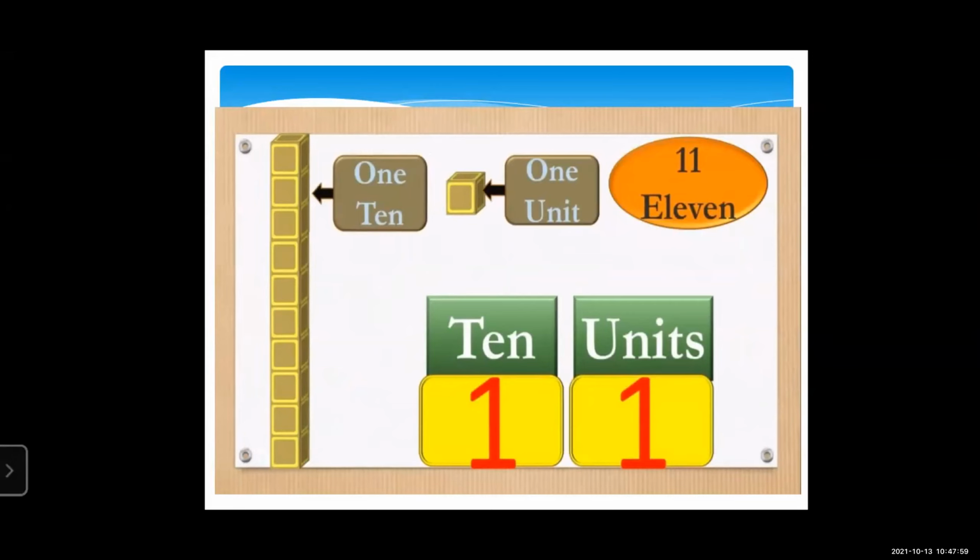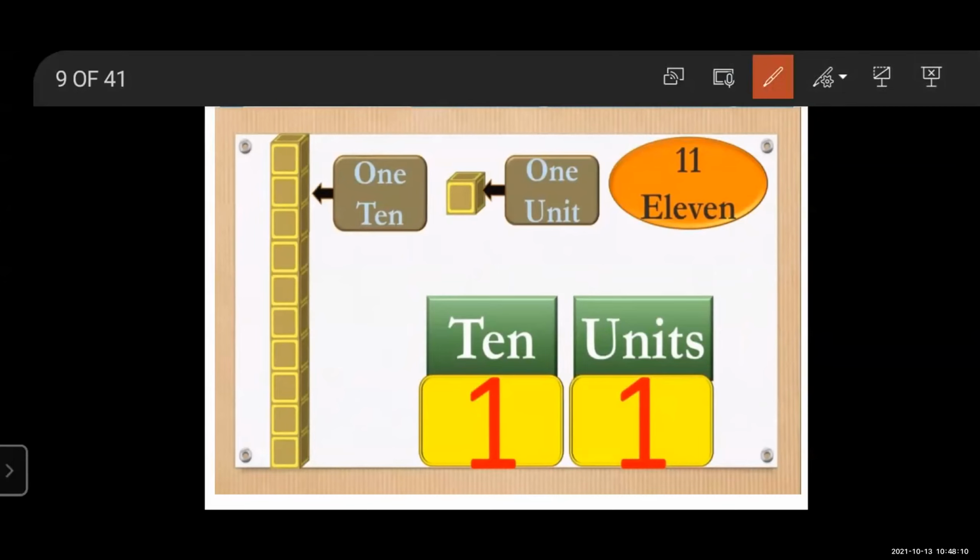See, there is some block. When the bundle is given in a block, that is called 10. In this picture, see, there is a block that is called 10 because they are in a group. They are in a single group, in a bundle.